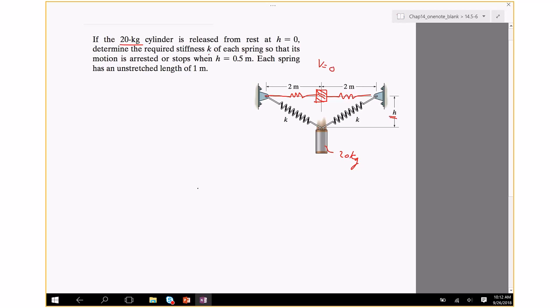Determine the stiffness K required of each spring so that its motion is arrested or stops when h equals 0.5. Each spring has an unstretched length of 1 meter.